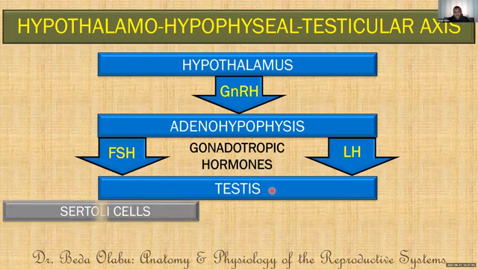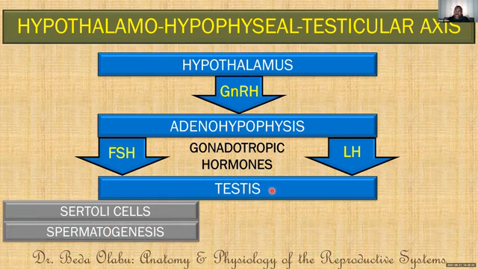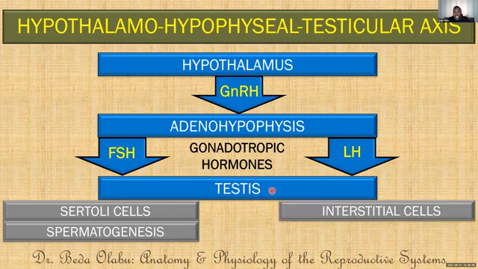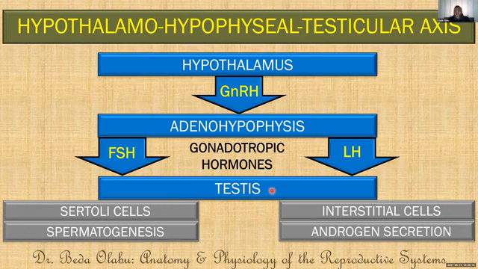So follicle stimulating hormone primarily targets the Sertoli cells of the testes, and its physiological effect is to promote the process of spermatogenesis. On the other hand, luteinizing hormone targets the interstitial cells of Leydig, and the aim is to promote secretion of androgens. This is the hormonal axis of male.